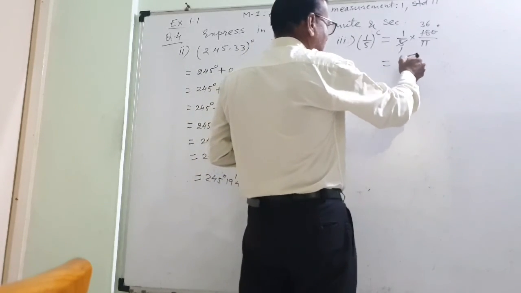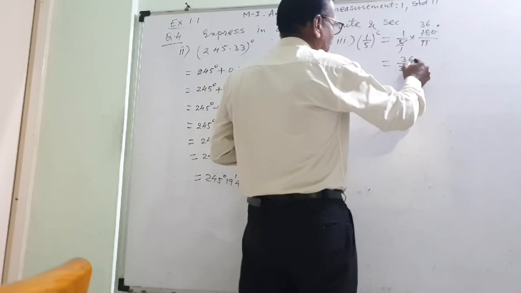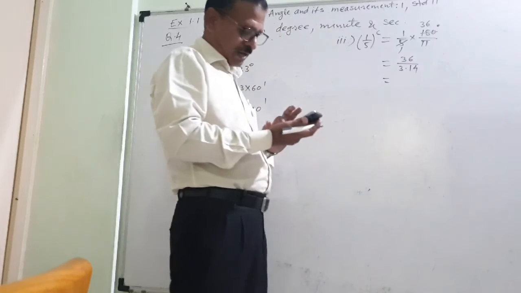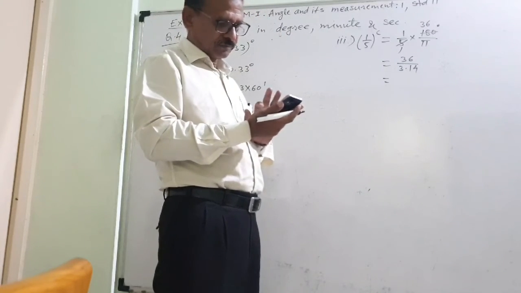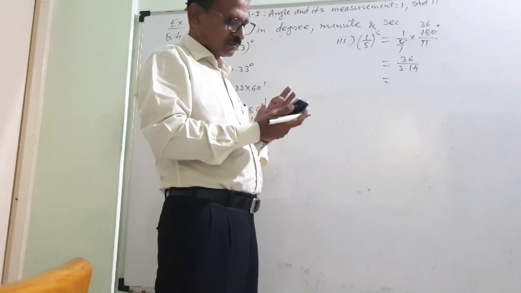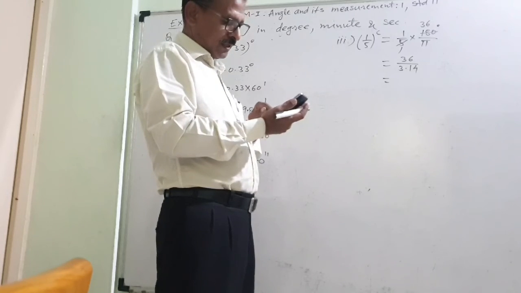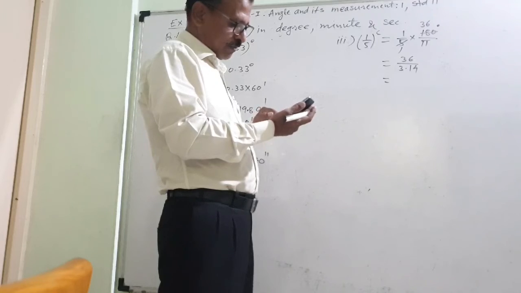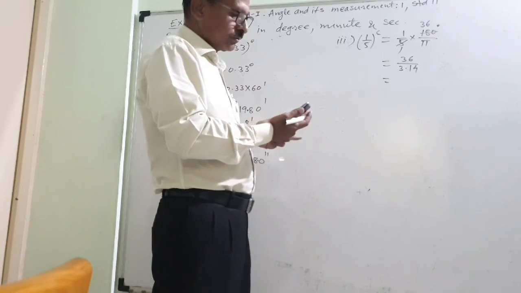So 36 upon pi means 3.14. So I will do the division on the calculator. 36 divided by 3.14.